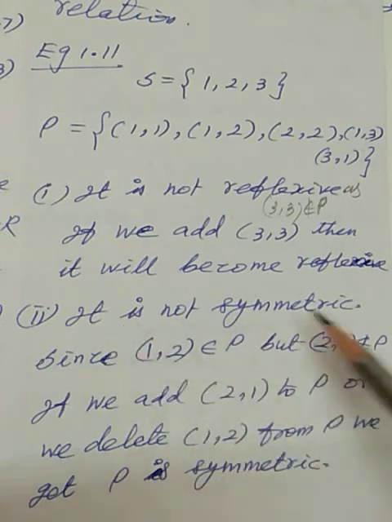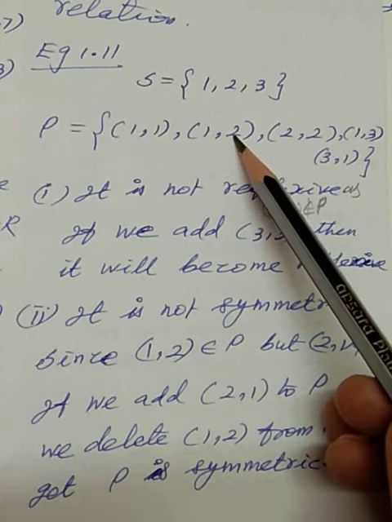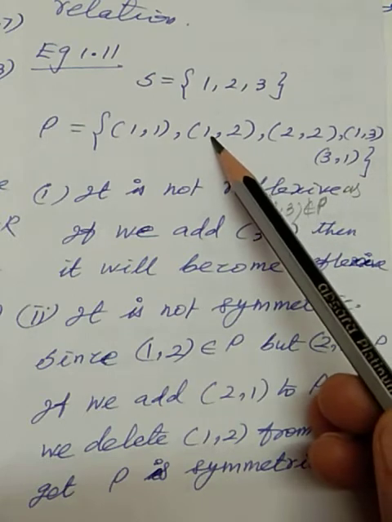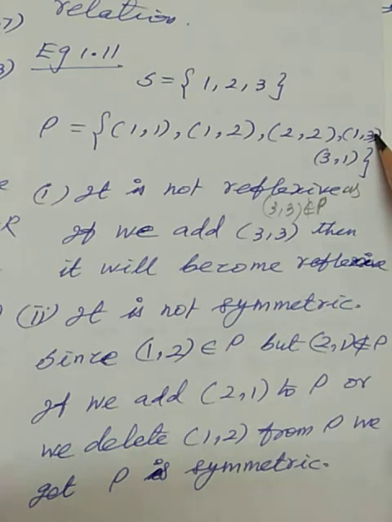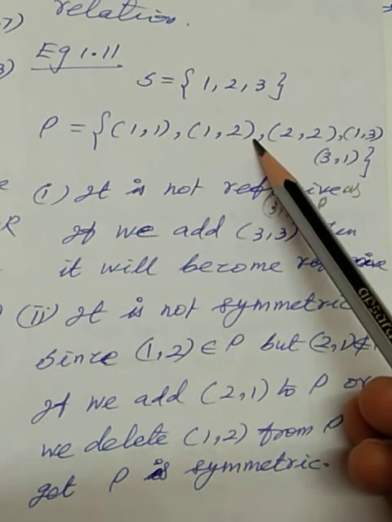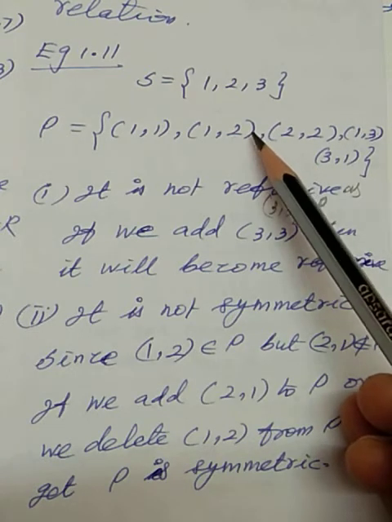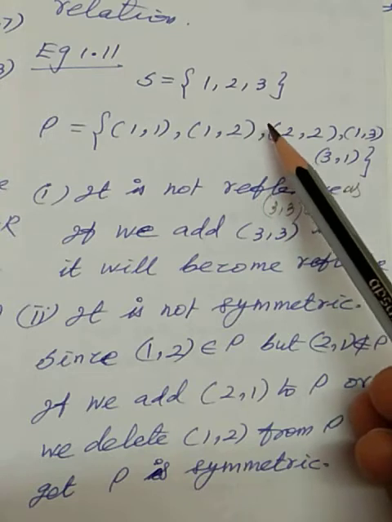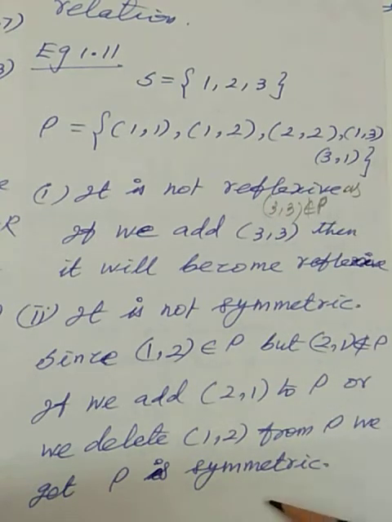It is not symmetric because (1,2) belongs to rho, but (2,1) doesn't belong to rho. (1,3) is in rho, (3,1) is also in rho, but (2,1) doesn't belong to rho. Therefore, if you include (2,1), then certainly it is symmetric.